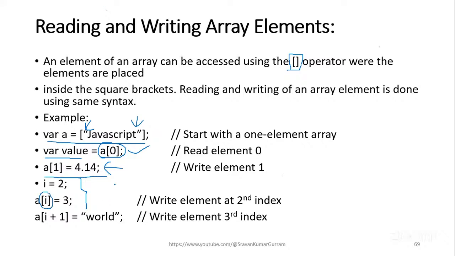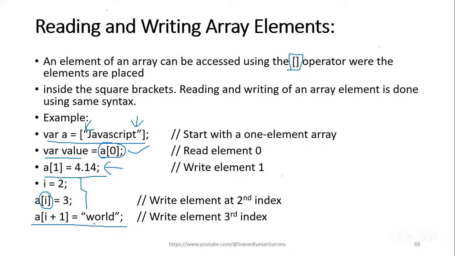If you want to use a direct constant in the square bracket as an index value, that is valid. Otherwise, you can store the index value in any variable and use that variable in the square bracket. That is also valid. Next case is you can write an expression also in the square bracket. See, I plus 1 is an expression: A of I plus 1. In this example, I equals 2, nothing but 2 plus 1, that is 3.